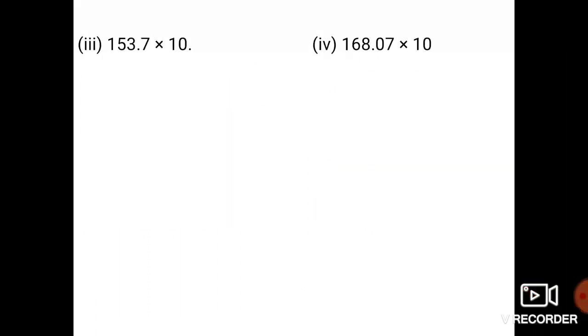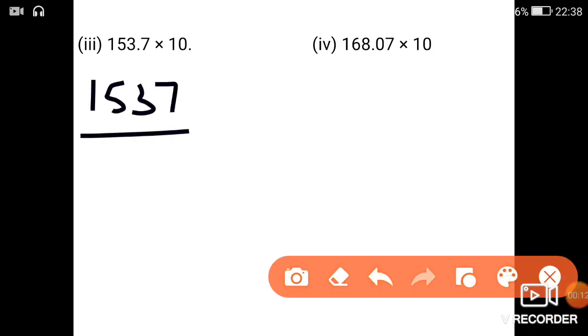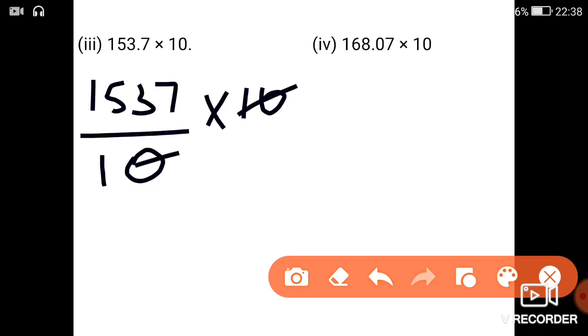Third problem, we have 153.7 into 10. So first we'll represent this decimal as a fraction. So 153.7 we will write as a fraction, that is 1537 divided by 10, because we have only one digit after the decimal. So 10 and 10 will get cancelled.